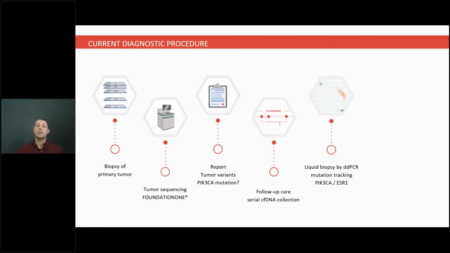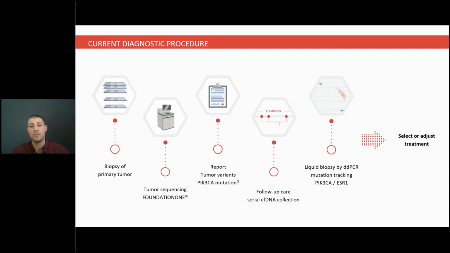And then the oncologist, if the oncologist suspects a mutation in PIK3CA or in ESR1, then we are able to perform ddPCR. And depending on the result, the oncologist can select the treatment or adjust the treatment.